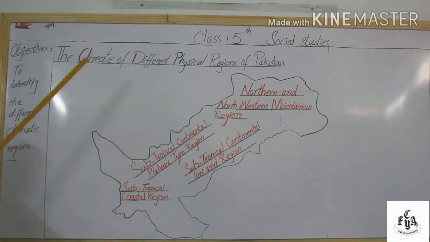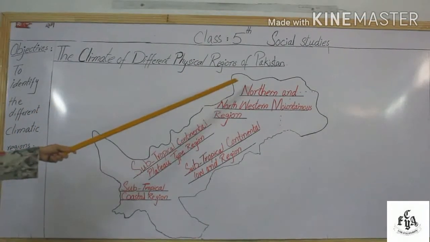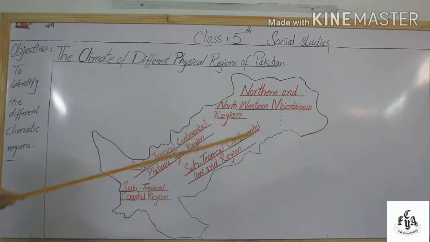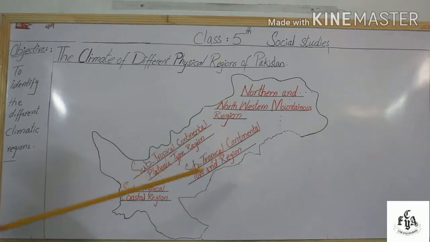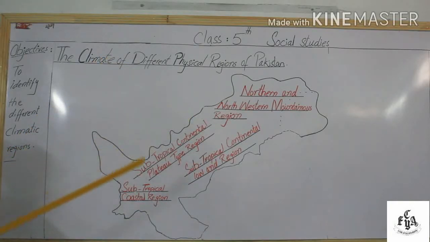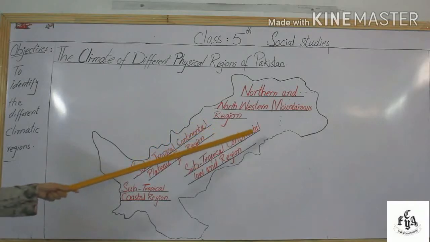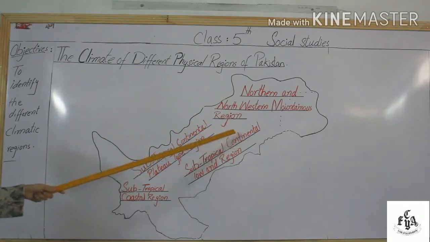Now let's discuss the climate of different physical regions of Pakistan. In our previous lectures, we have discussed those regions in much detail. Now we will be discussing the climate of these regions. Our first region is the northern and northwestern mountainous region of cold climate.